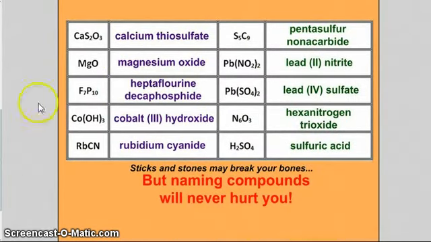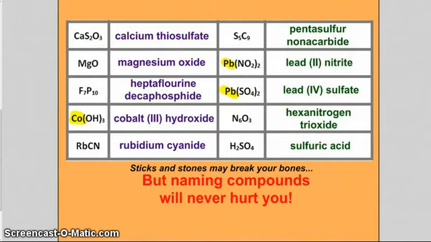The bottom half is here. And again, a couple highlights. Cobalt is a B element, so I needed to figure out the 3. And over here, lead. This is lead 2, and this is lead 4.